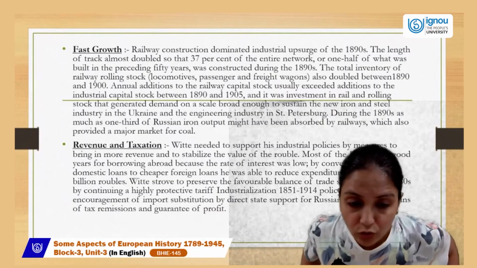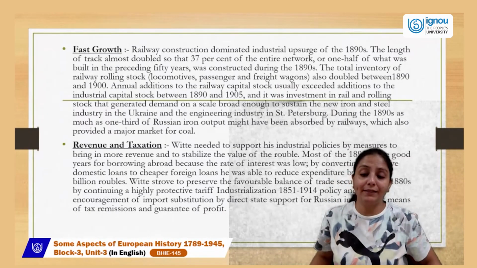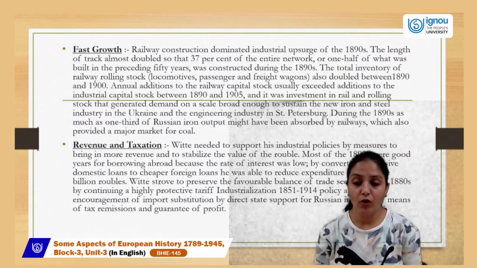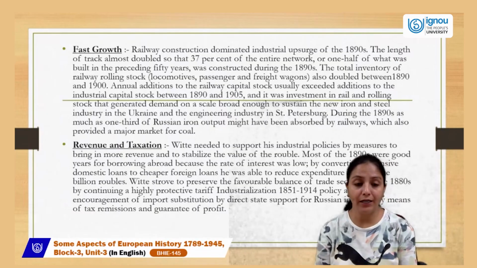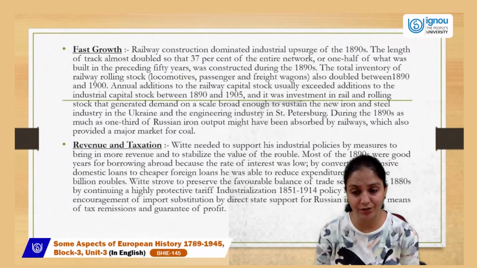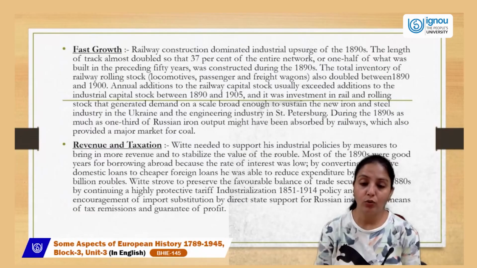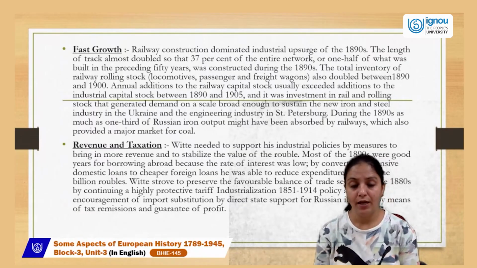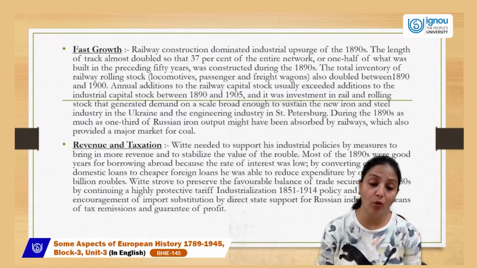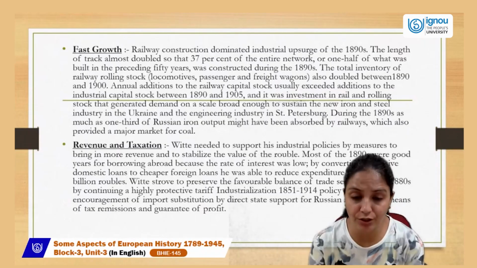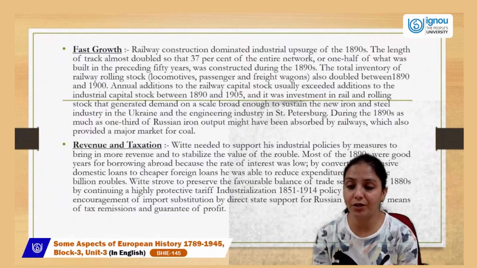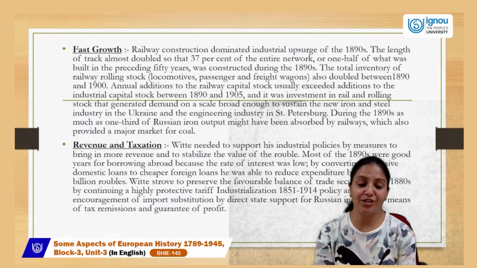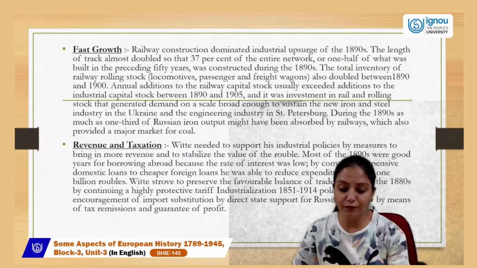Witte strove to preserve the favorable balance of trade secured in the 1880s by continuing a highly protective tariff policy and encouragement of import substitution by direct state support for Russian industry by means of tax remissions and guarantee of profit.